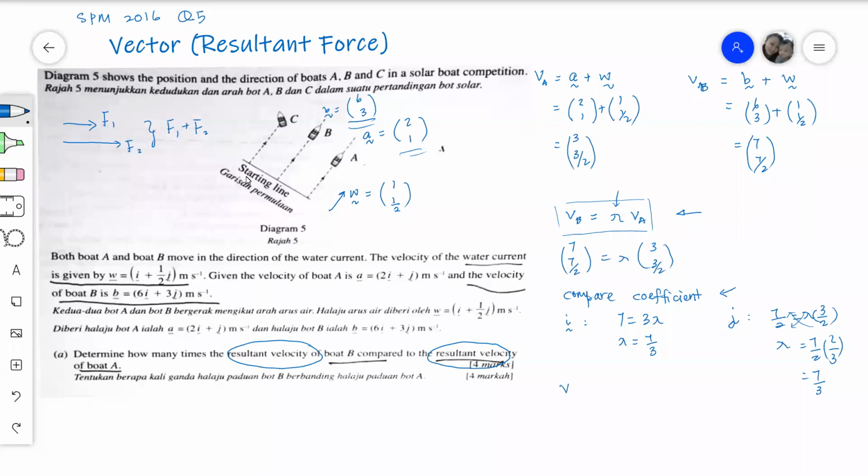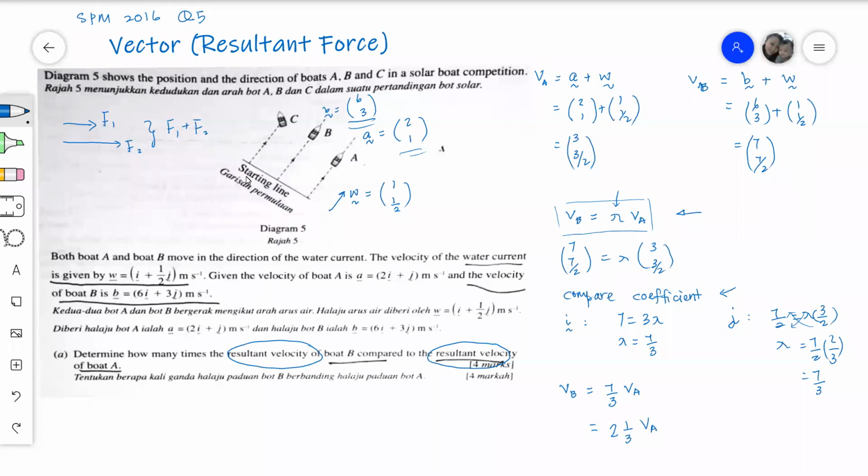That means lambda exists, so the resultant velocity of B is parallel. The vector is parallel. How many times? 7 over 3 times the resultant velocity of A, or we can change it to a mixed number, 2 and 1 over 3 of VA.